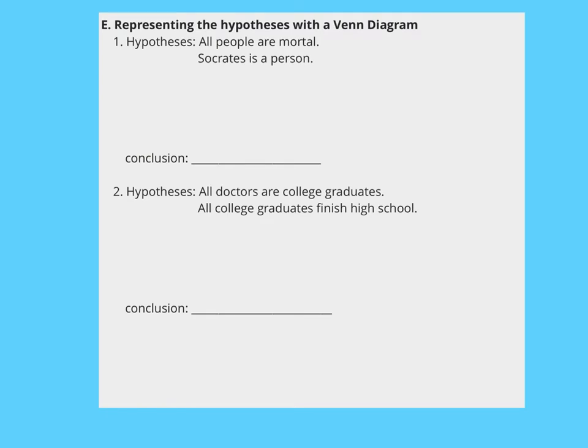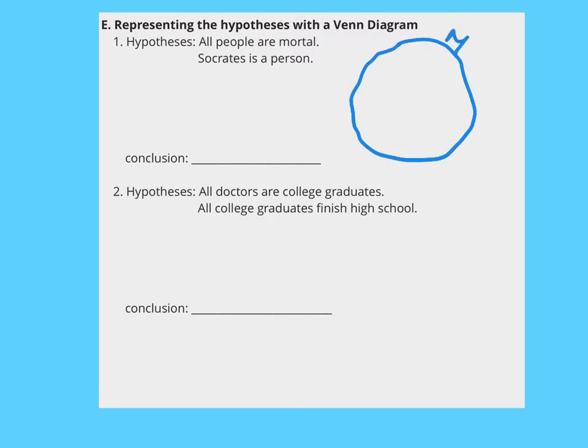So we're going to move on now to representing hypotheses and conclusions using a Venn diagram. If we look at the hypotheses that we have here, we see that we have two statements. The first one says that all people are mortal. A Venn diagram uses circles as an illustration. So we're going to start off with a big circle here that represents mortals.